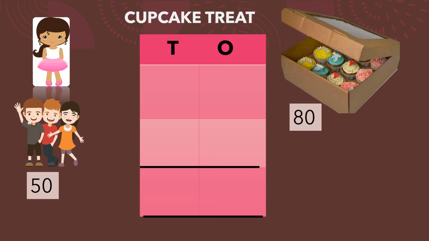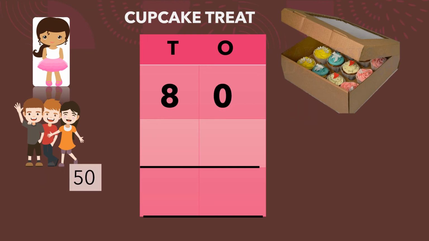So to help Chloe find the answer, let's arrange the two numbers in the table shown on the screen. The first number that we will write is 80 because it's a bigger number. Then 50 will come below 80, and let's put the minus sign.